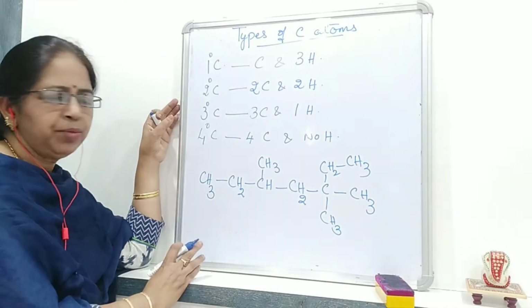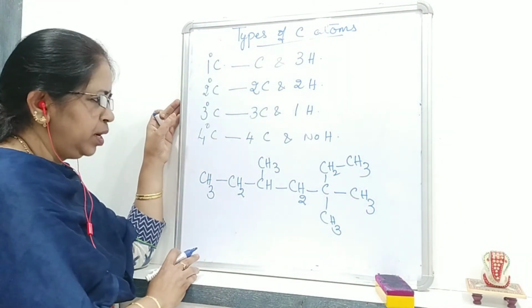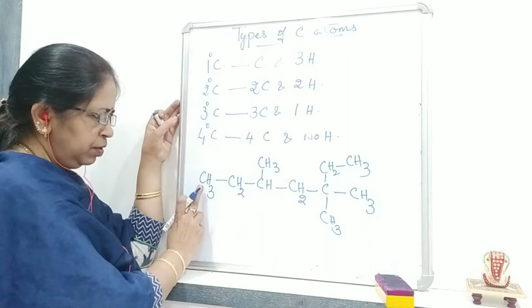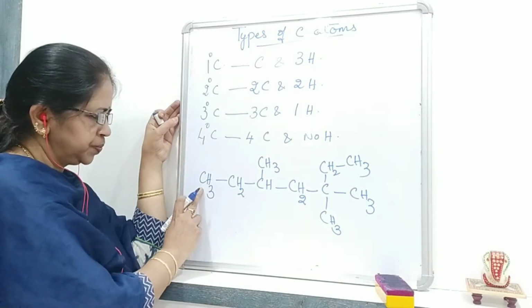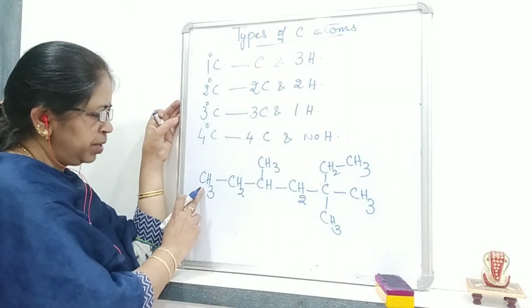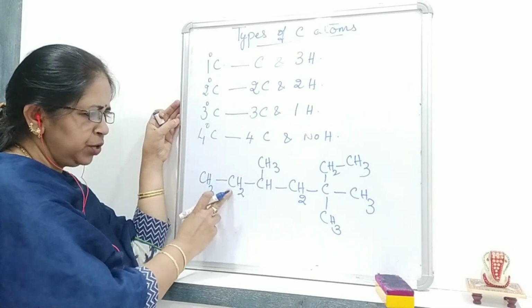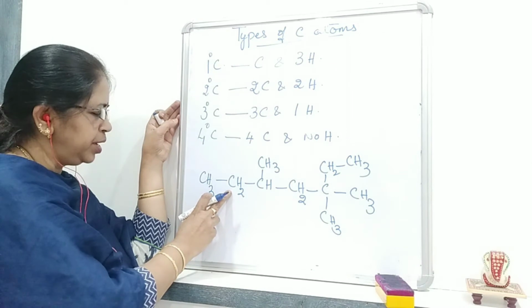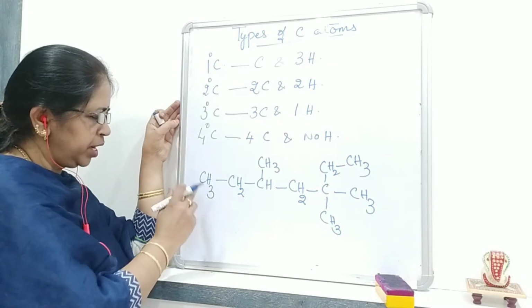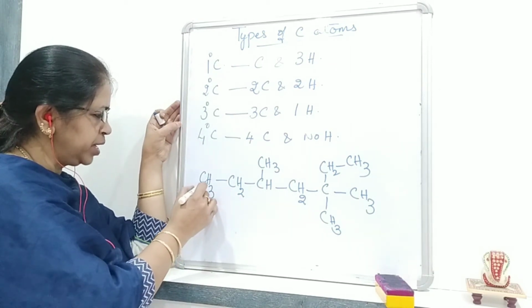This is one example I am taking. Now, this carbon is present at the end of the chain and it is attached to only one more carbon atom and three hydrogen atoms, so it is a primary carbon.